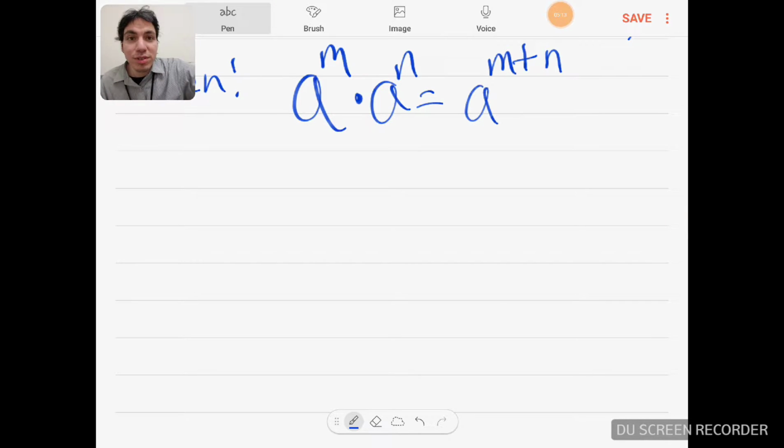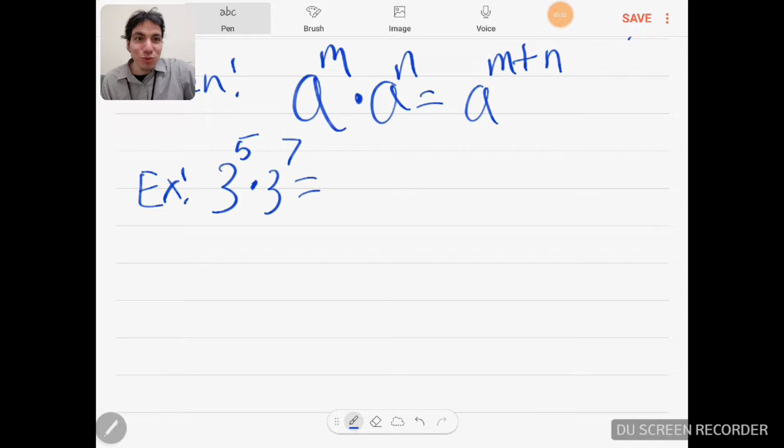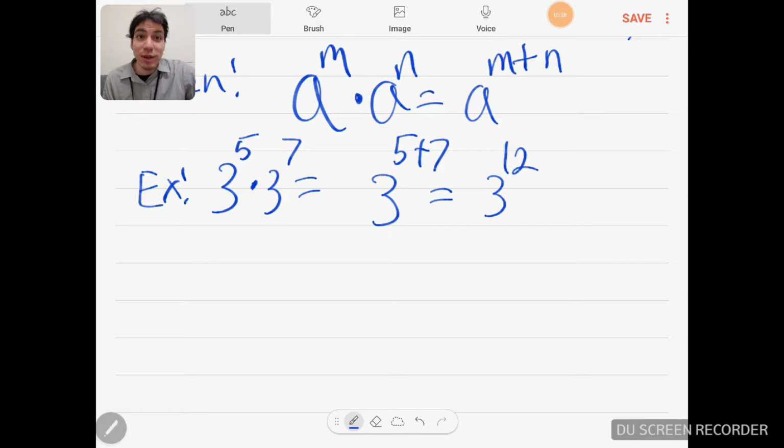So, let's have another example: 3 to the 5th times 3 to the 7th. Using this rule, it's going to be 3 to the 5 plus 7, which is 3 to the 12th, a very, very large number which I'm not going to calculate.